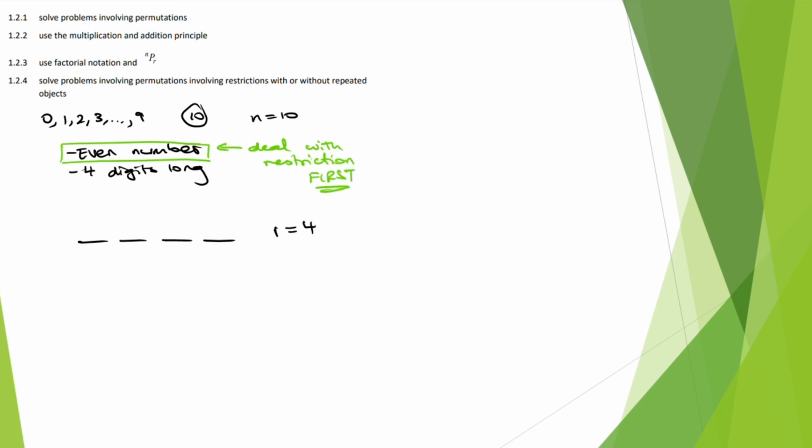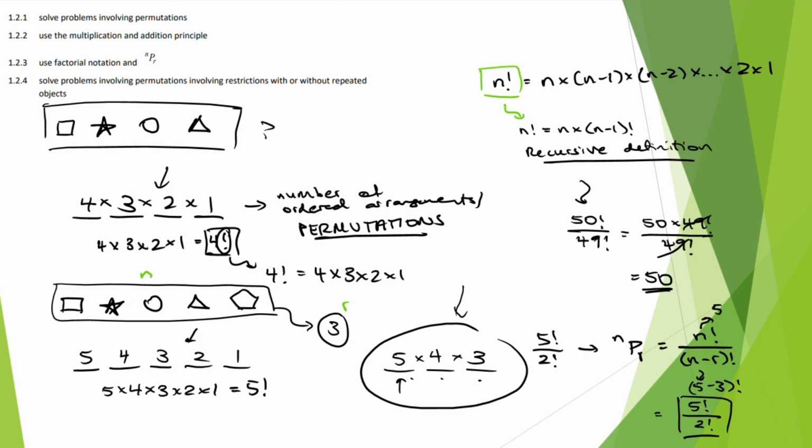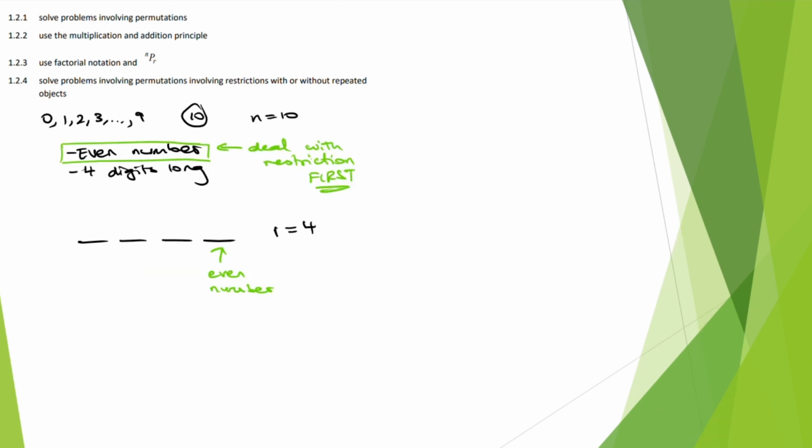In this case, we have to have an even number. In order for this to be an even number, our last spot must be an even number. Out of 0 to 9, our even numbers include 0, 2, 4, 6, and 8. As a result, we have 5 options to choose from.